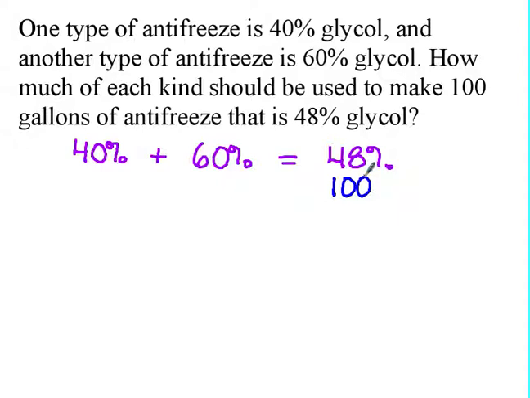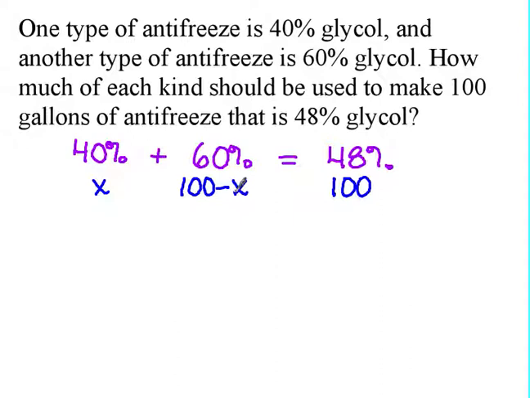Now, do I know any other amounts? No. So I'm going to show you how we go ahead and find what goes with the 40, what goes with the 60. Okay, the first one I'm going to let be X. So if I know the final amount, like I know this is 100, I'm going to make that first one X. Now the second one, and this is going to look really weird, I'm going to take the final amount, the 100, and I'm going to subtract the X. And you will always do that.